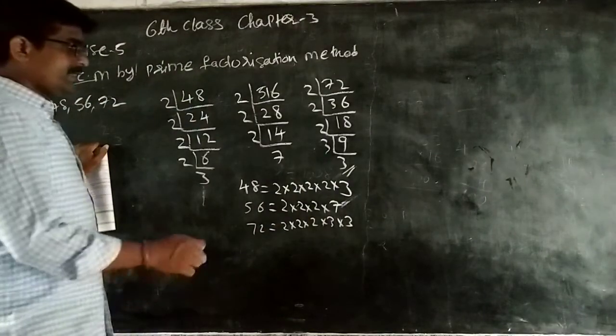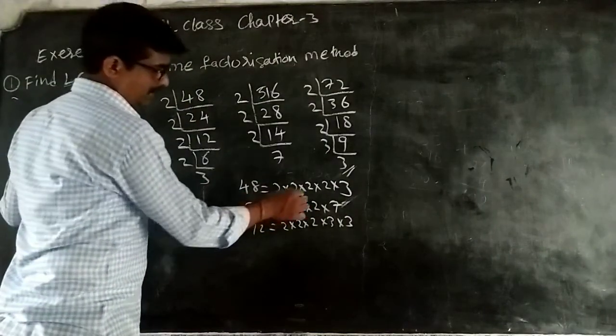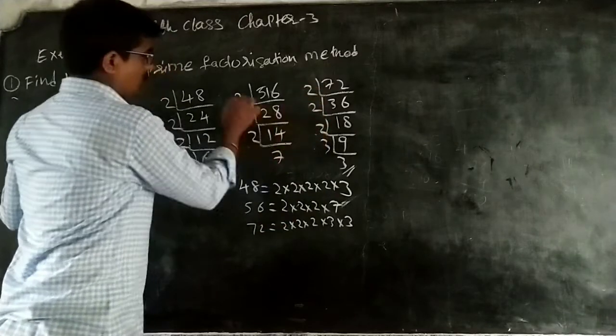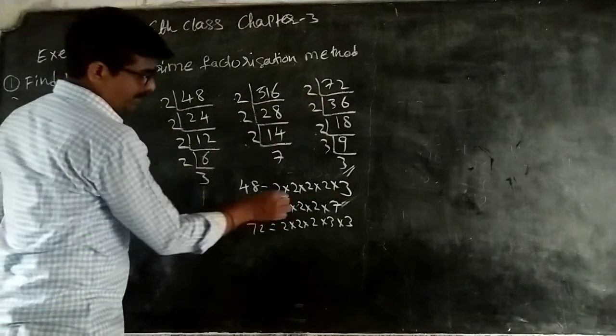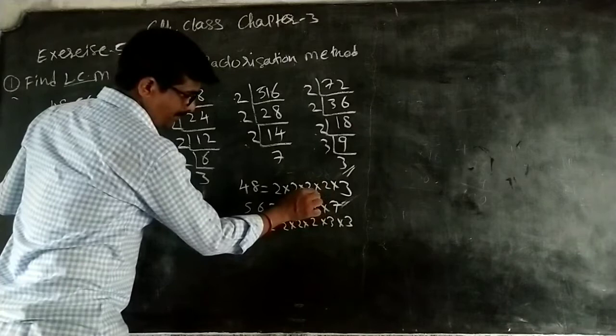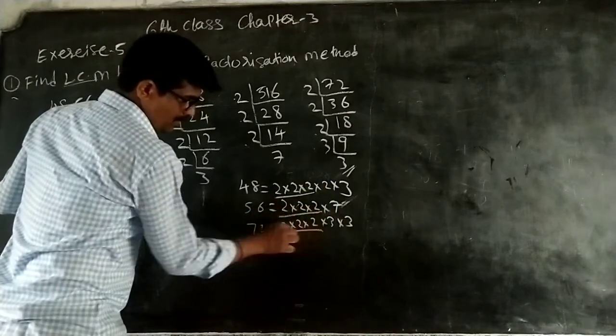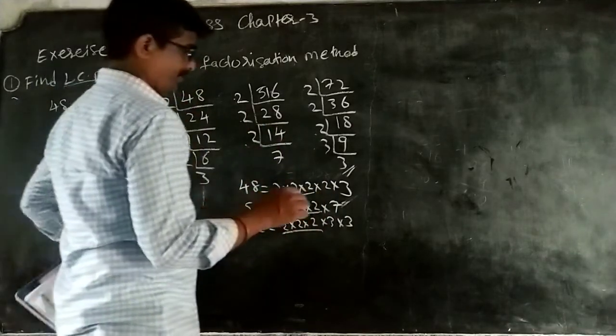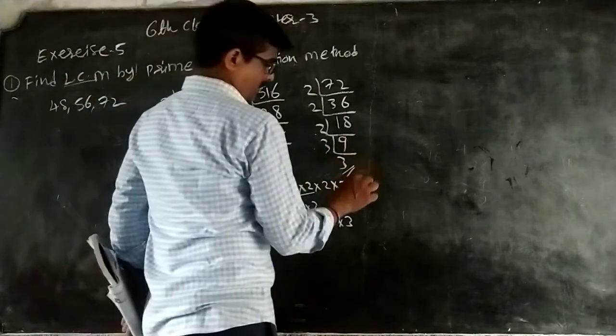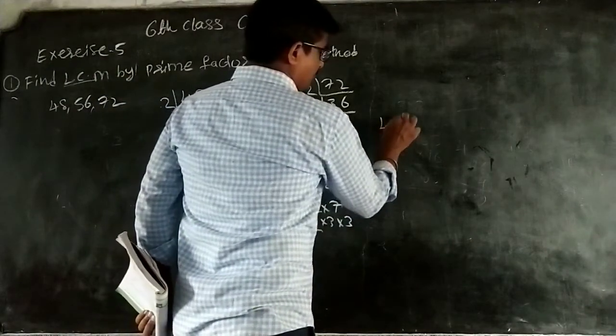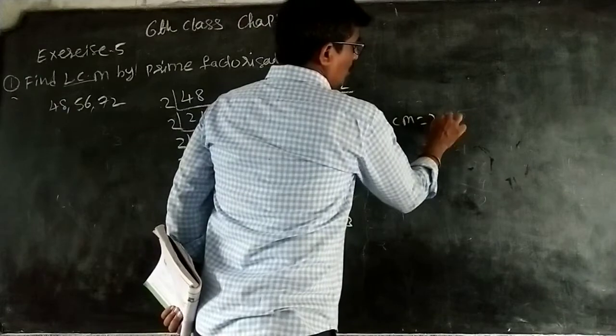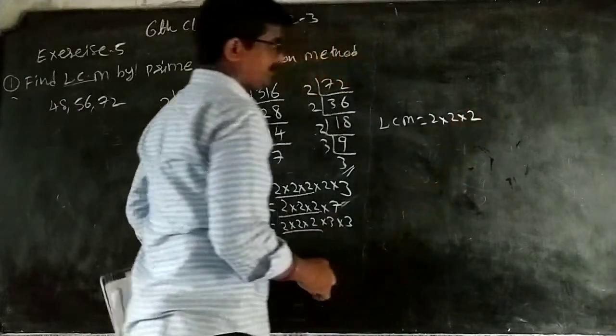Okay. So in this, which are common, first you have to select: 2, 2, 2 are common here. Take them only one time. Next, LCM is equal to 2 into 2 into 2.